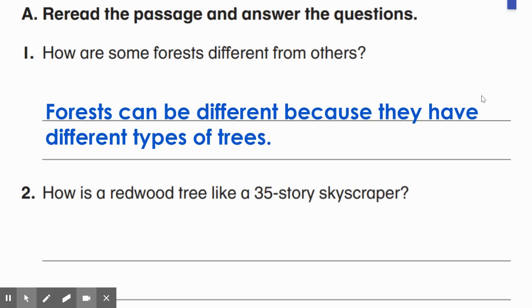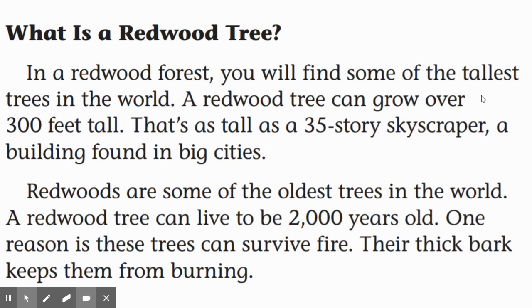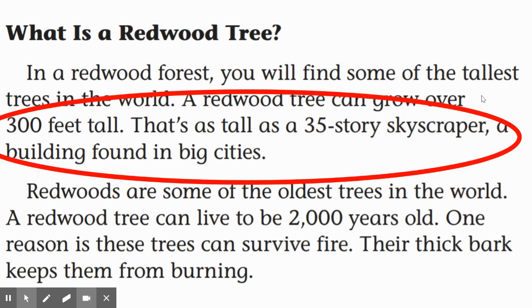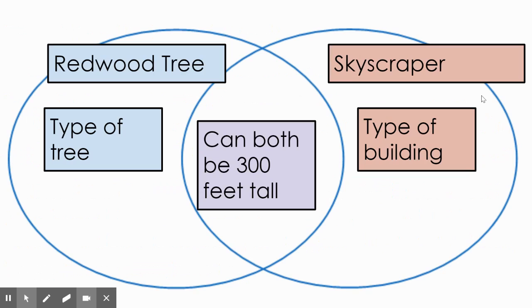Number 2. How is a redwood tree like a 35-story skyscraper? Do any of you remember? If you're not sure, always go back and find the answer in the text. I turned to the paragraph that I saw the word skyscraper in so I could jog my memory. And I remember that it said that a redwood tree could be 300 feet tall, which is the same height as a 35-story skyscraper.